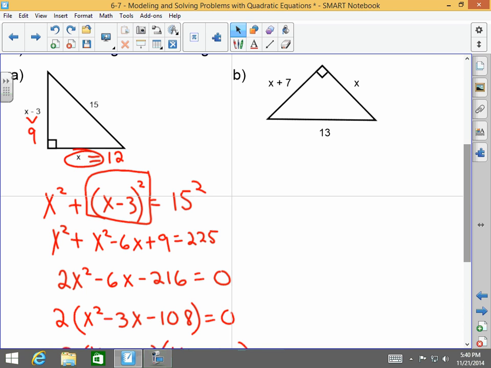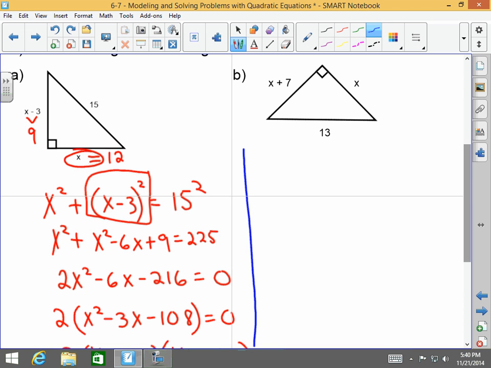All right, how about this guy? I've got my hypotenuse is 13, and I've got one side that is x, the other side that is x plus 7. So a squared plus b squared equals c squared.